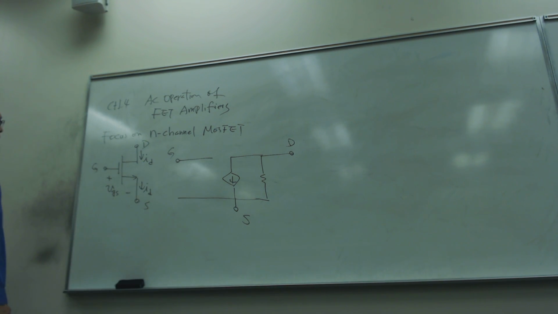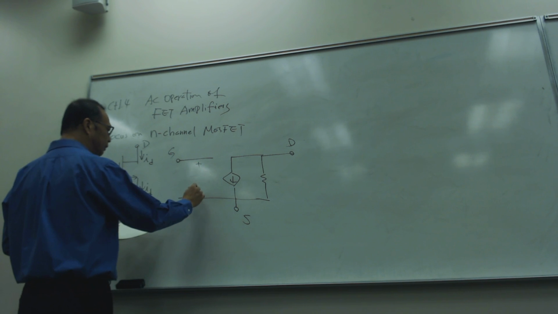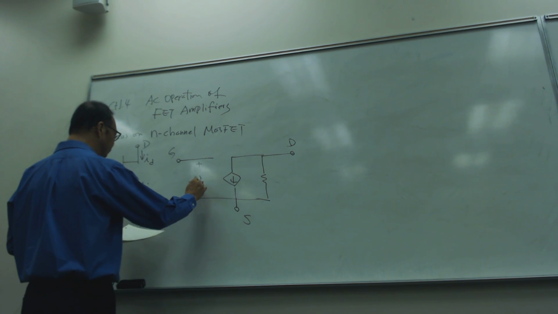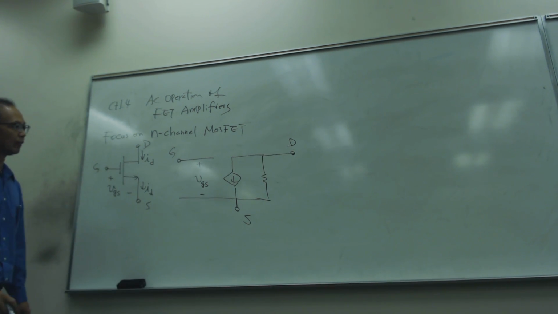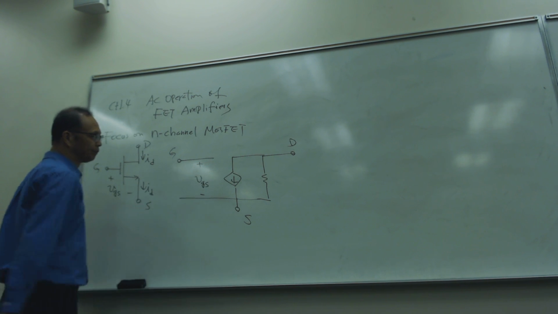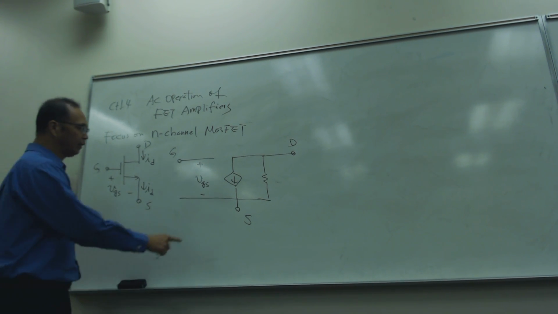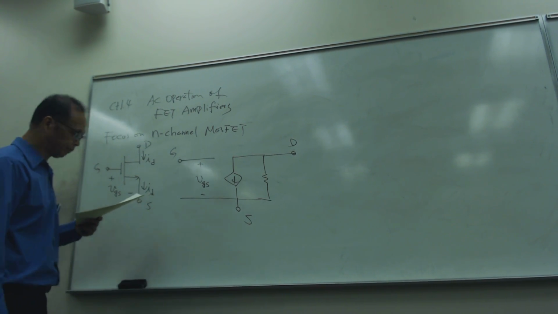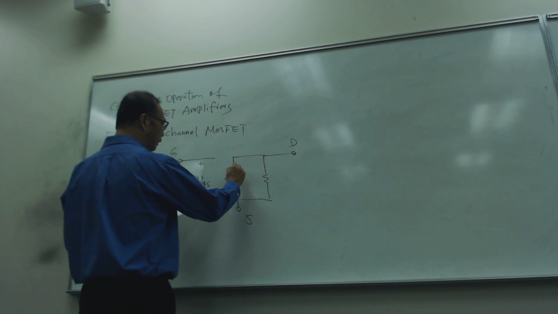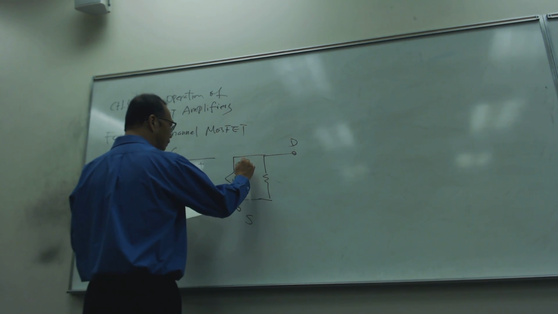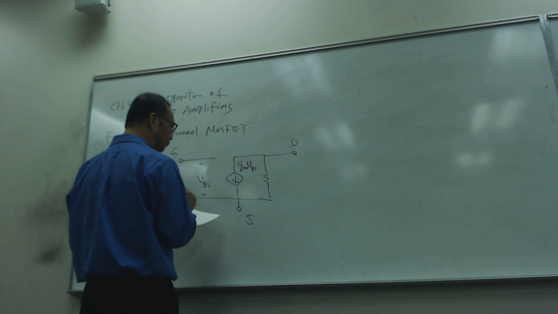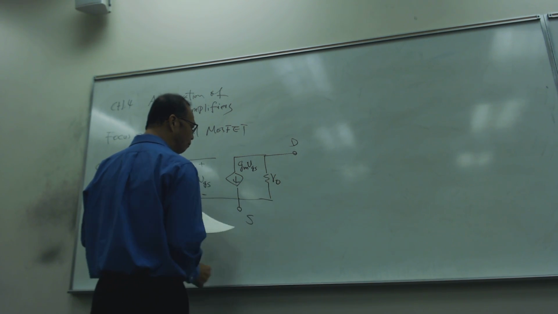This v_gs, this is open, and this current source is g_m v_gs, and this is called r_slope.